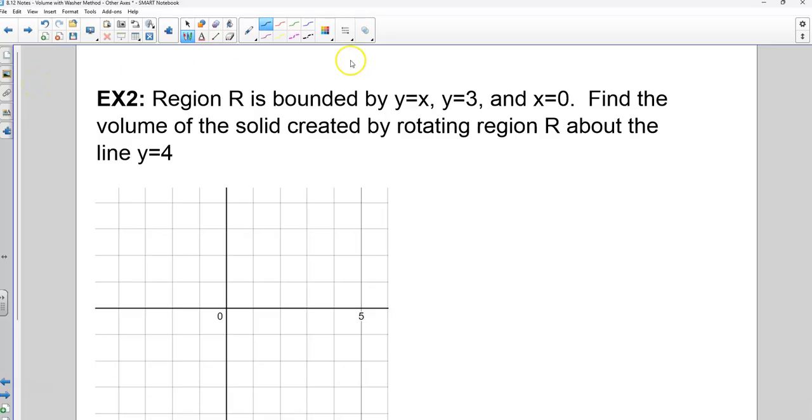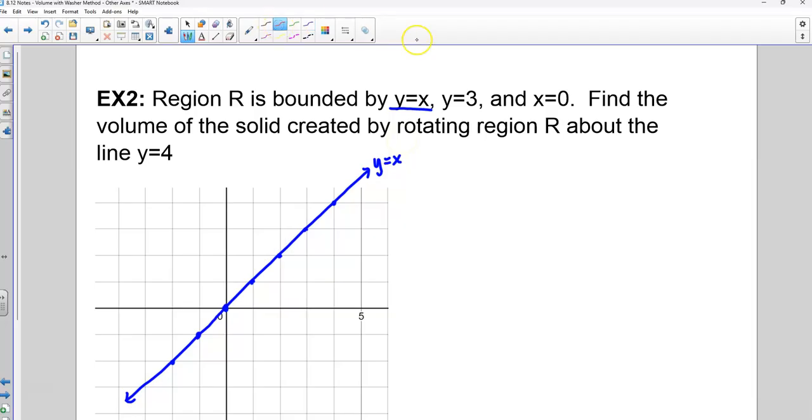All right, here I've got to graph this one. I've got y equals x. That is just a line with a y-intercept at 0 and a slope of 1. So that is y equals x there.